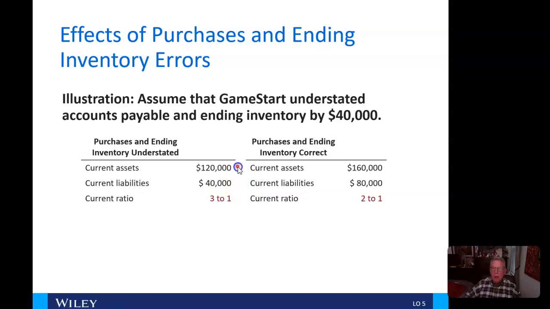So our current assets are understated by 40,000 and current liabilities are understated by 40,000. And here, if we do it correctly, current assets would be 160,000 and current liabilities would be 80,000. So the current ratio would be dramatically impacted by those errors.